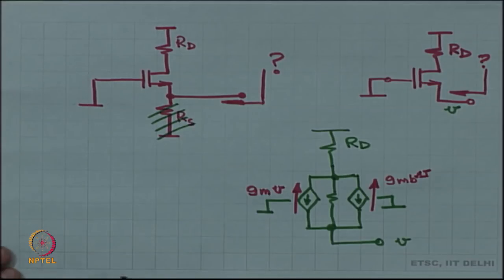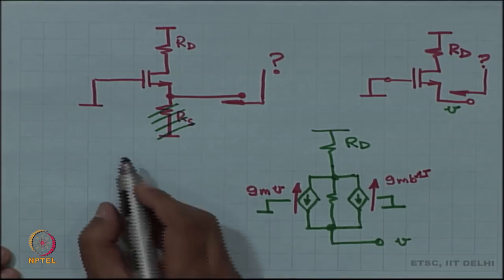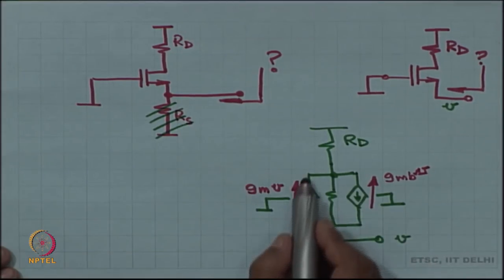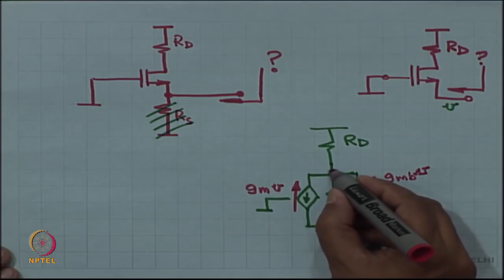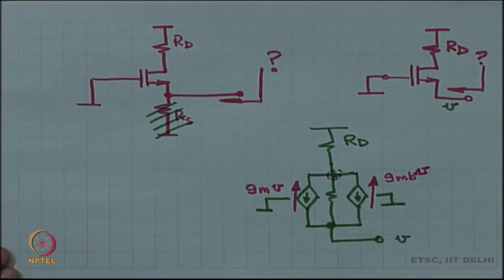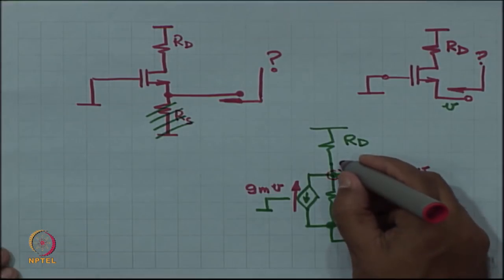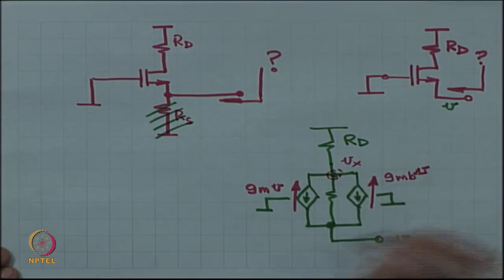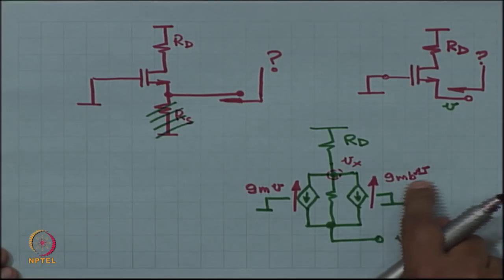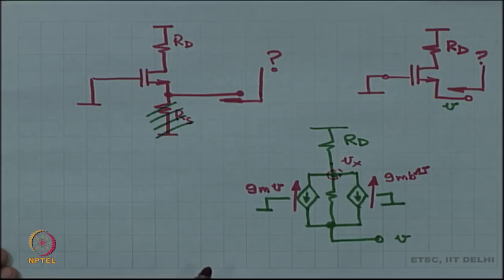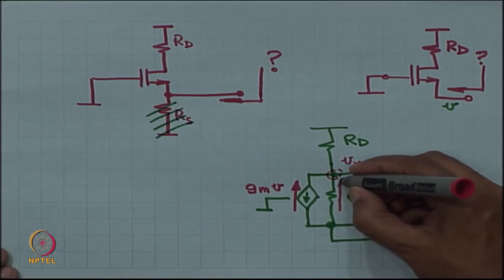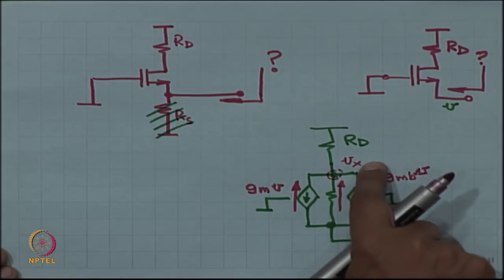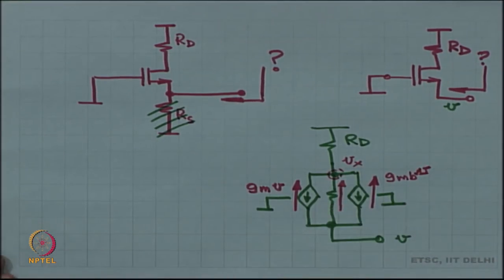So, I have the following situation. I have a current gm times V going up. I do not yet know this voltage, let us say this voltage is some Vx. I have another current gmb times V, and then I have a current over here which is (V minus Vx) times gds.